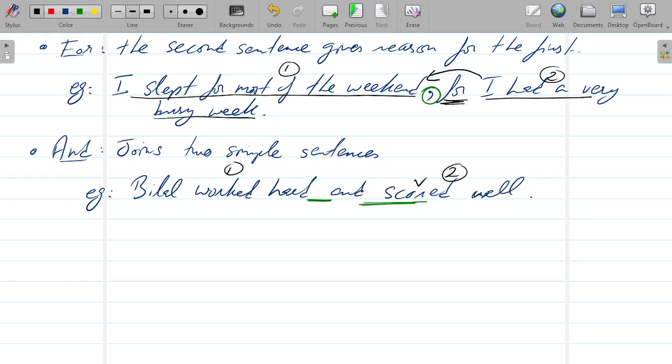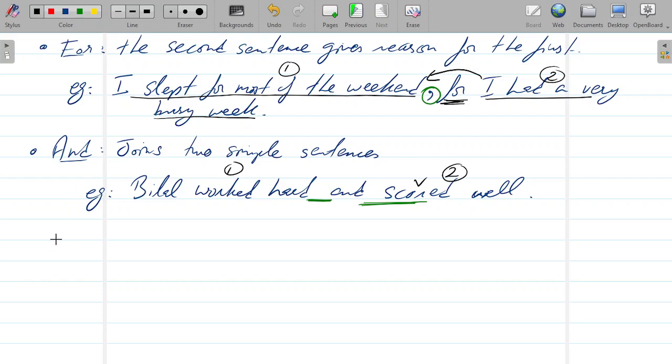I'm asking what the subject for the second sentence is. I've written the subject for the first sentence, Bilal worked hard, but there's nothing there for the second sentence. So what's the subject? The subject is the same. Bilal is the subject in both.